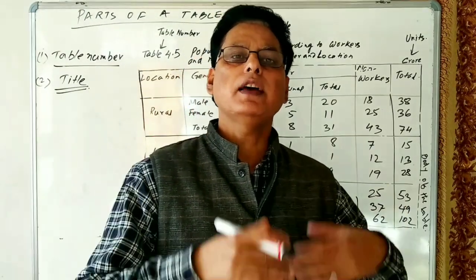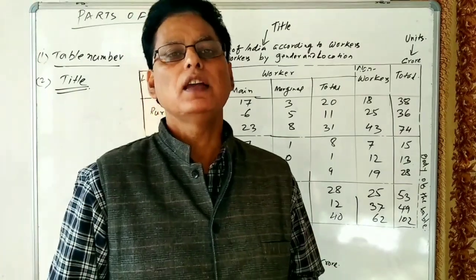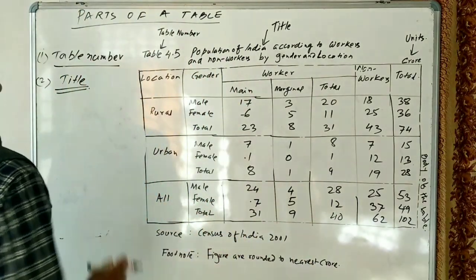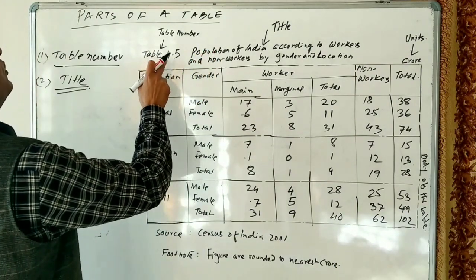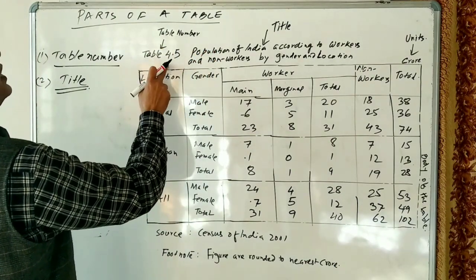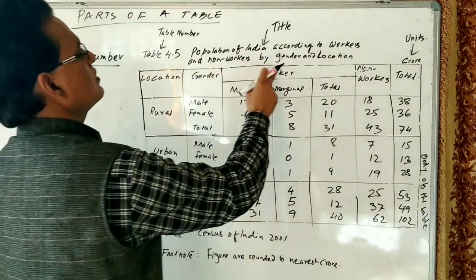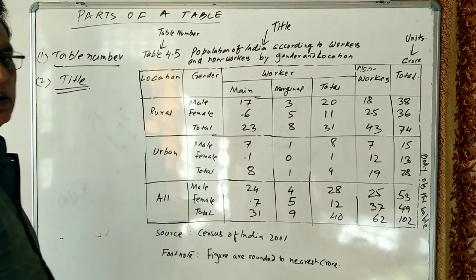With the help of the title, we come to know what is being explained in the table. Here in this table, I have written table 4.5. This is the table number, and population of India according to workers and non-workers by gender and location. This is the title of the table.